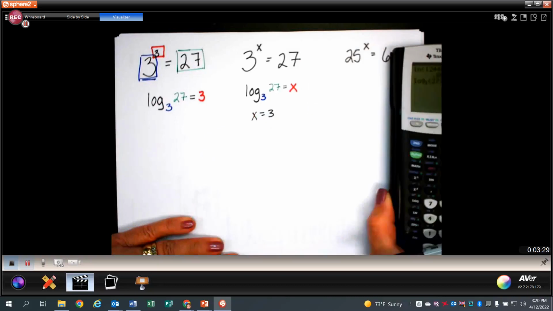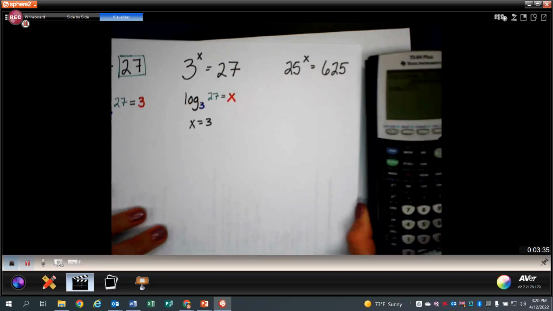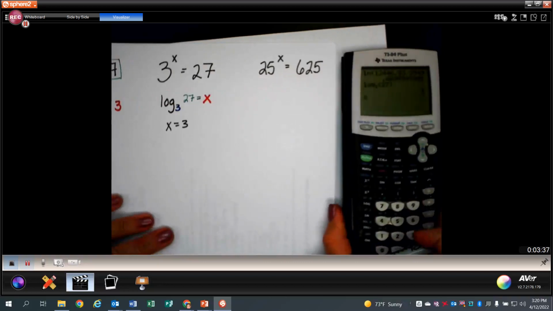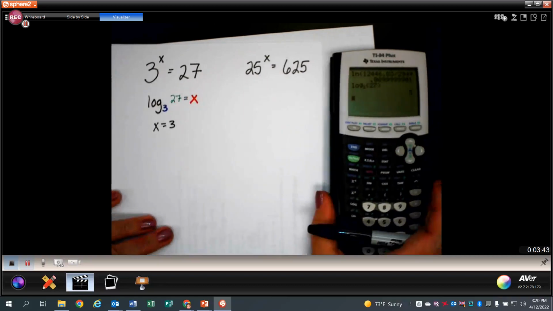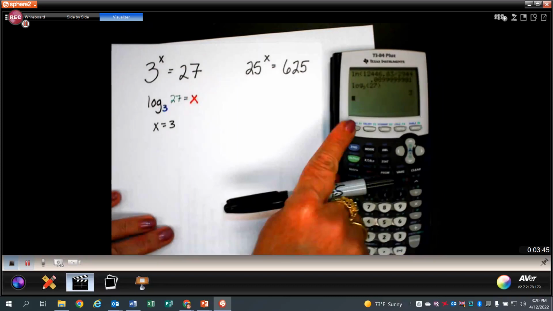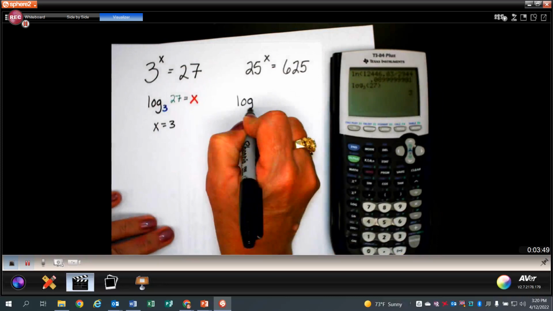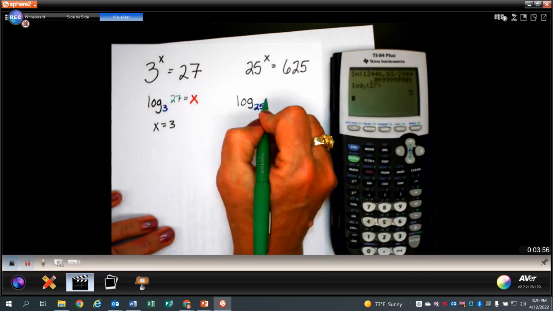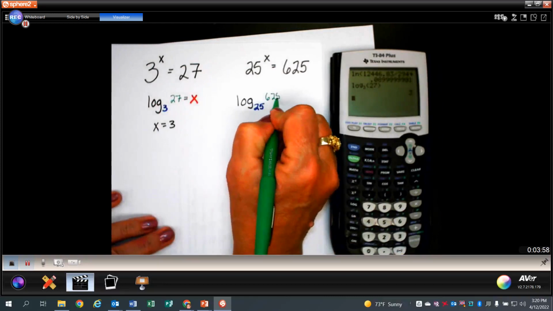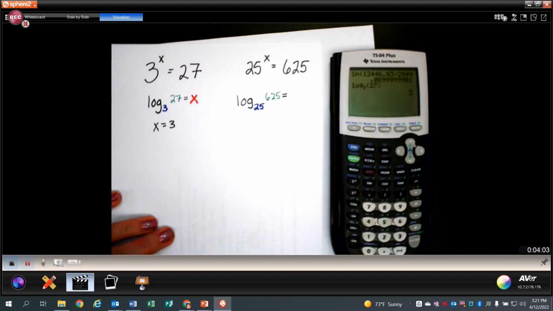So let's try another one. If we did not know what power we raised 25 to get 625, we could set up a log and then use our calculator. So this is log base 25, the answer to the exponent is 625, or the argument of the log, and that equals x. Now we can use our calculator to solve for that.